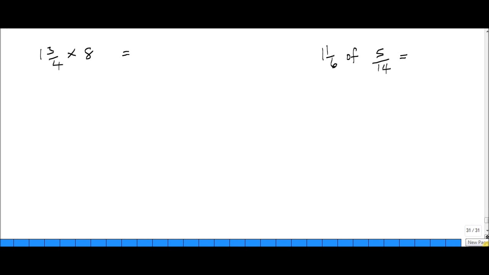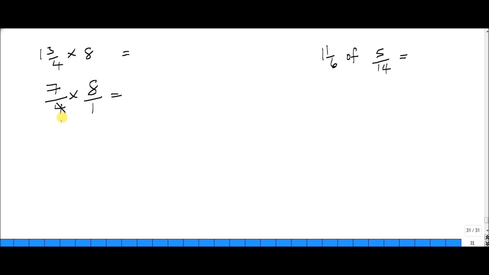Another way, a whole number has to be given a denominator of 1. So again, changing our mixed number here to an improper fraction, 4 times 1 would be 4, and 3, 7 over 4 would be multiplied by 8, given a denominator of 1.